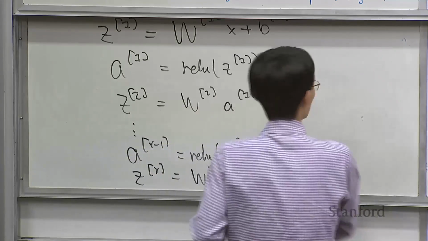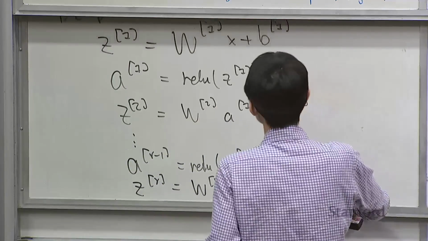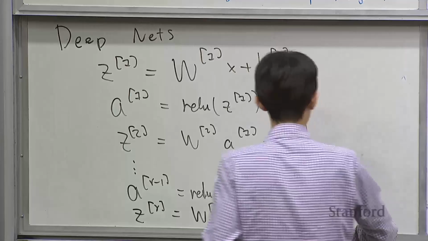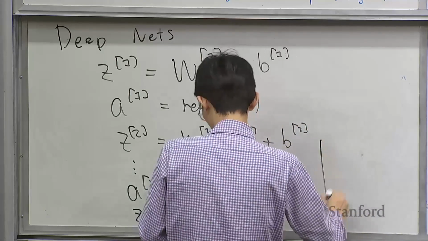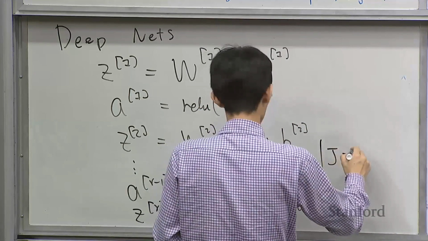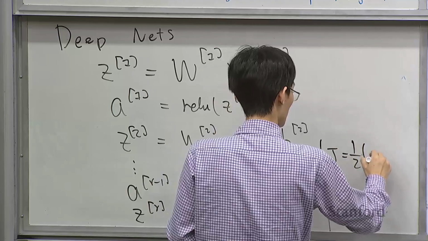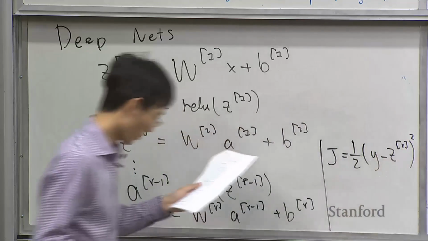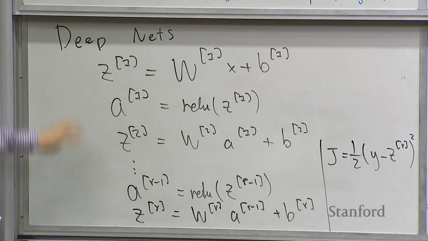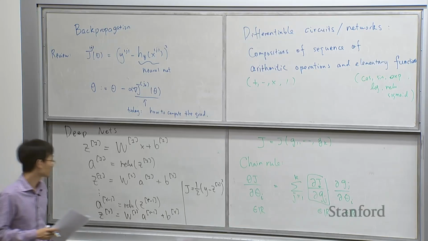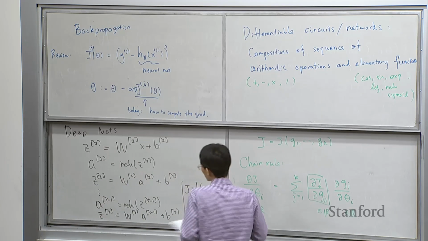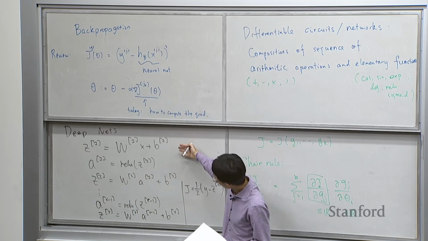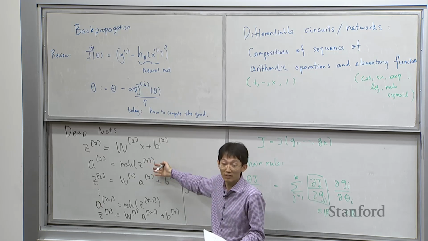And then finally you have a loss. J will be a half times Y minus ZR squared. So that's my computation of the loss function, a sequence of matrix multiplications and activation functions.